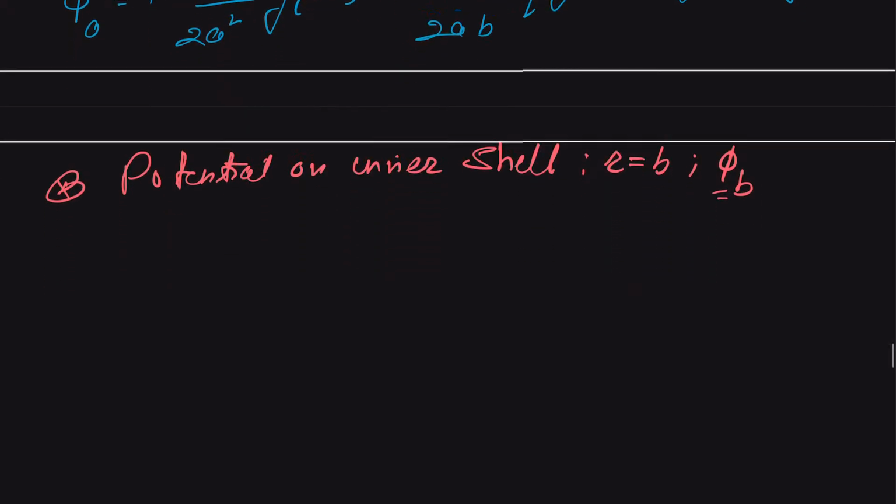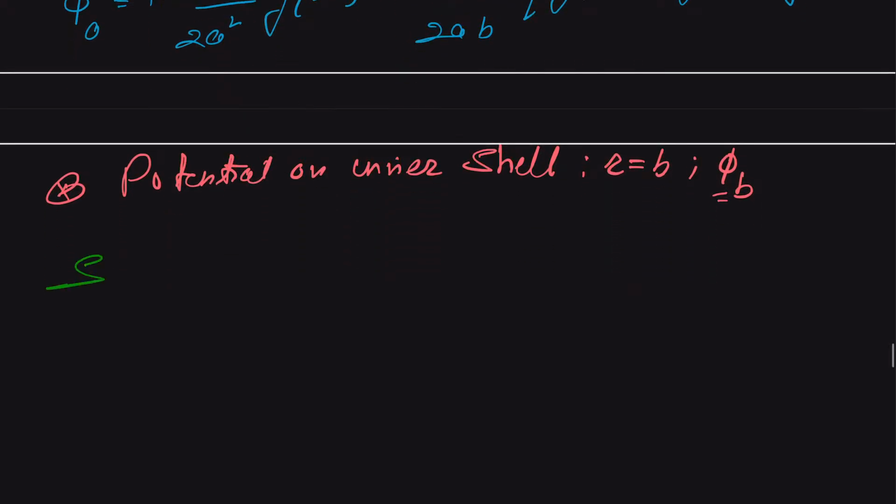So once again, we are going to use the superposition. And this superposition states that the potential at B will be equal to the potential at B because of B, that is a self potential, plus potential at B because of A. Okay.